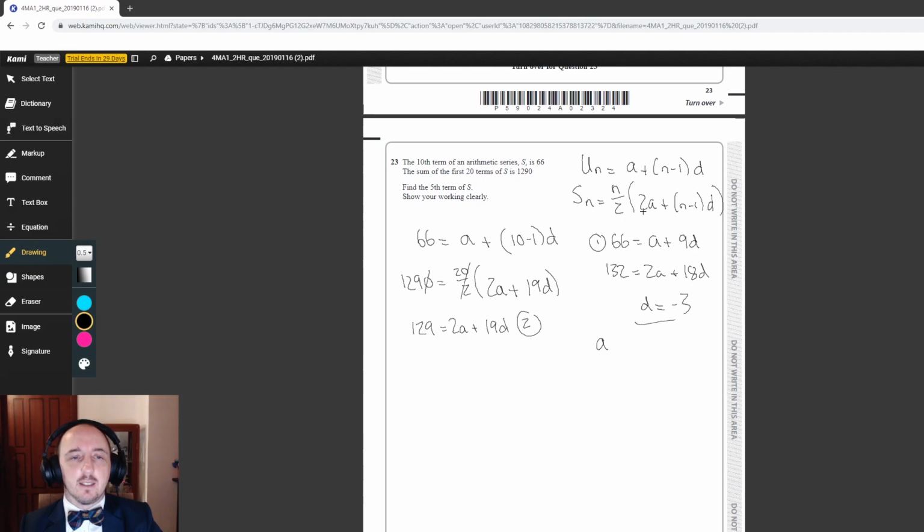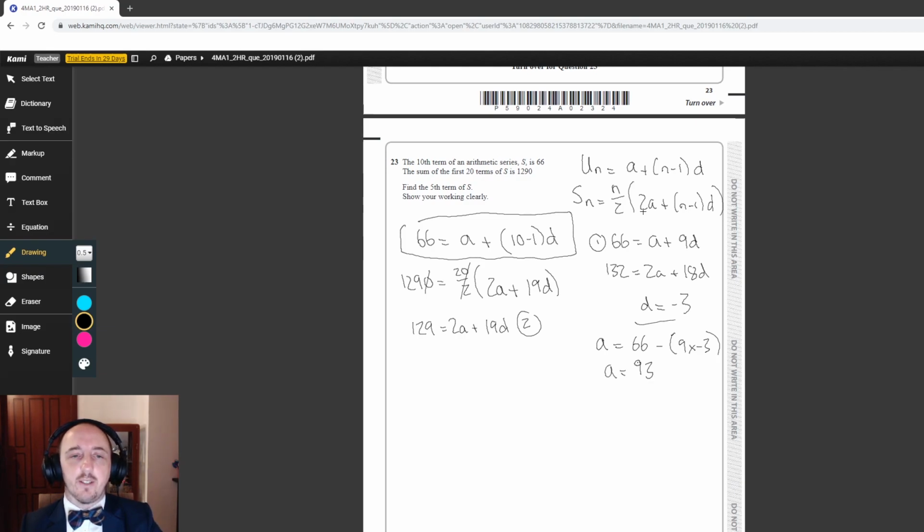A is going to be 66 minus 9 times minus 3. Okay, so I've rearranged this one here, and that will give us our A value. So 66 plus 27 is 93.